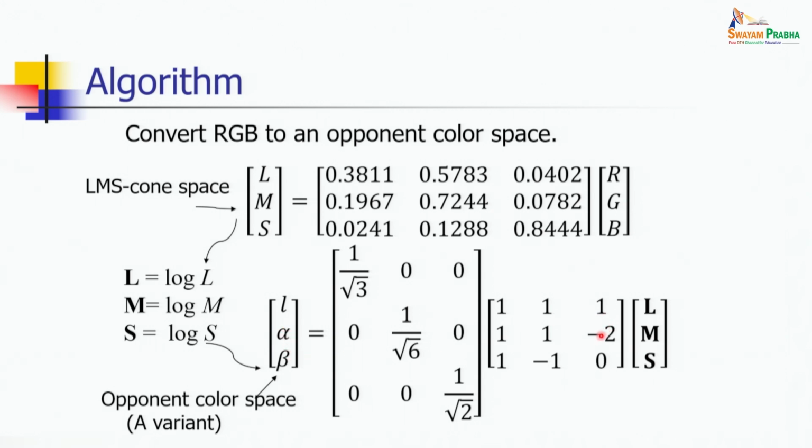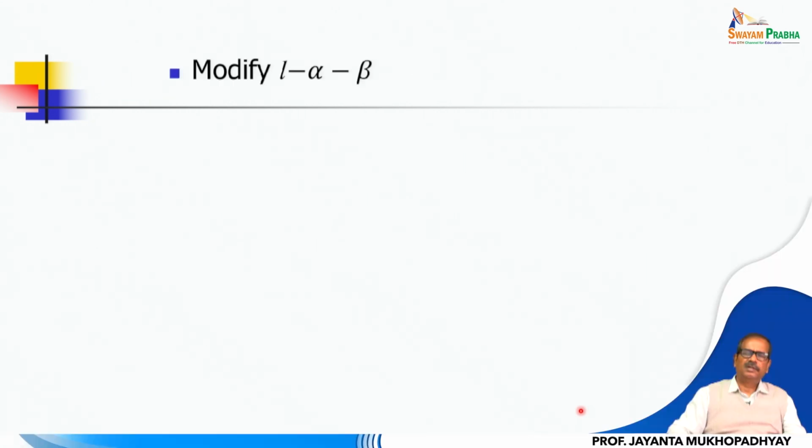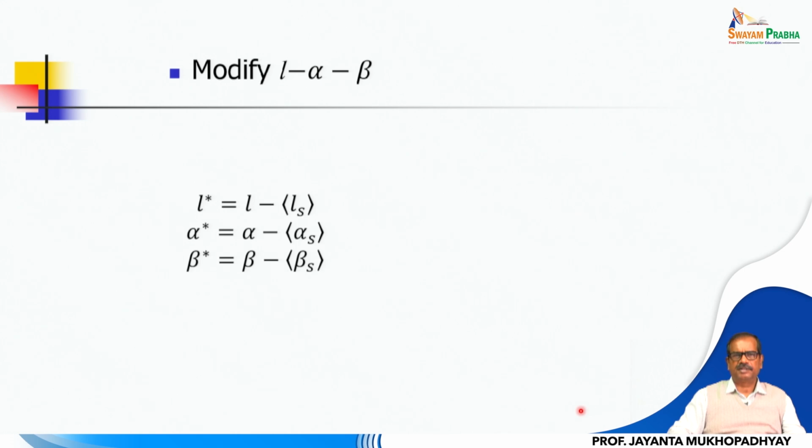You can see the interaction: the first component is the addition of all these three, the next component is L plus M minus 2S, and this one is L minus M. So again, it is the opponent color space, and these components are once again scaled by these factors. In this L alpha beta space, we perform those transformations.